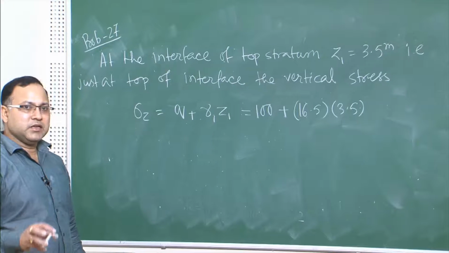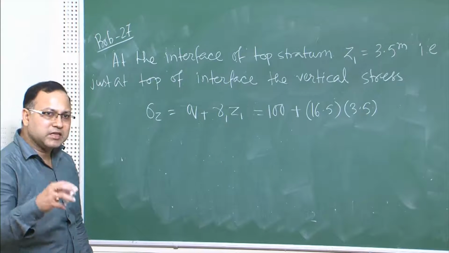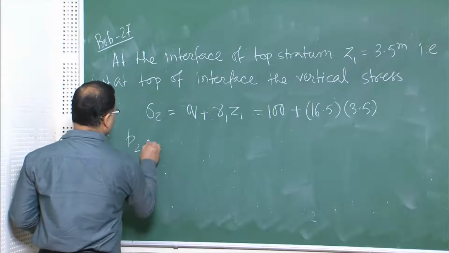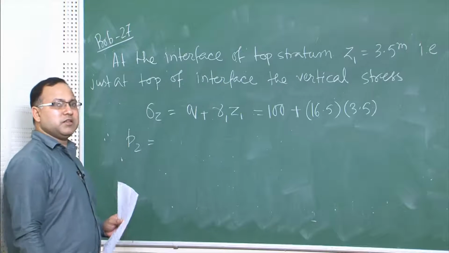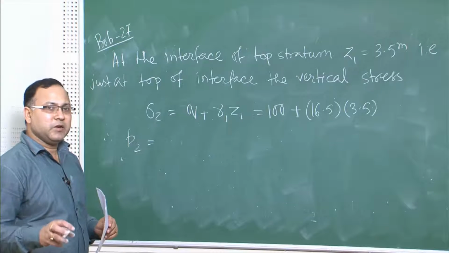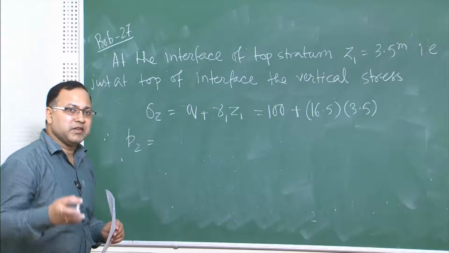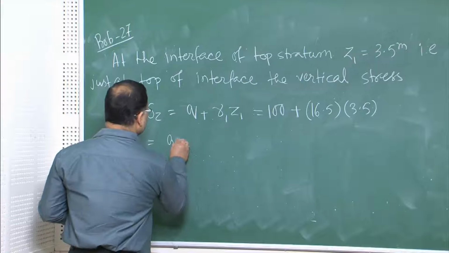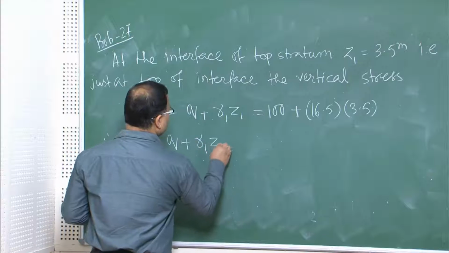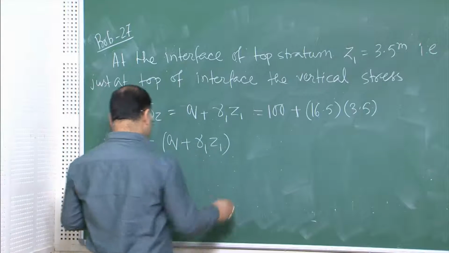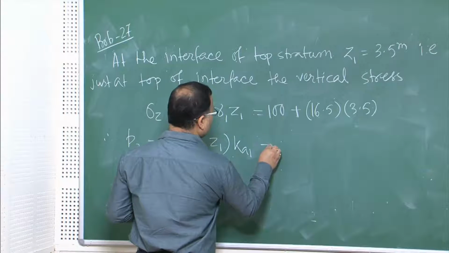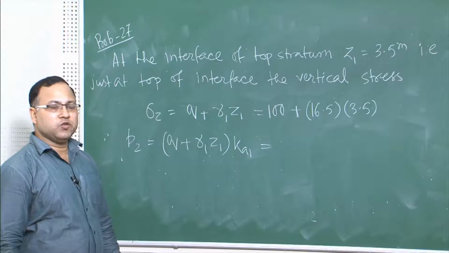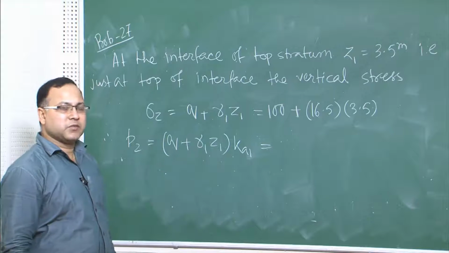Please remember that is just at the top of the interface. So, therefore, P2 at that level, what is your active earth pressure? At that level means just at the top of interface. So, P2 is equal to Q plus gamma 1 Z1 into Ka1, right, vertical pressure into active earth pressure coefficient.